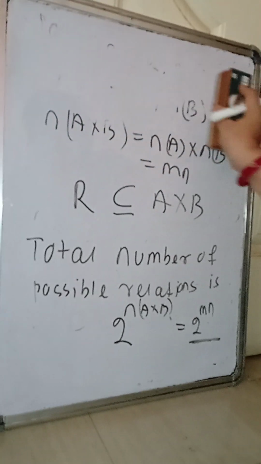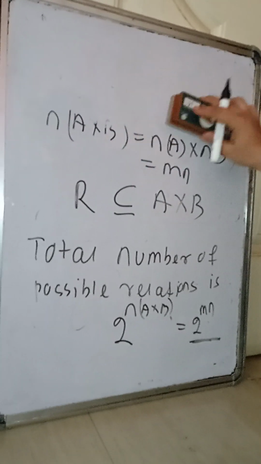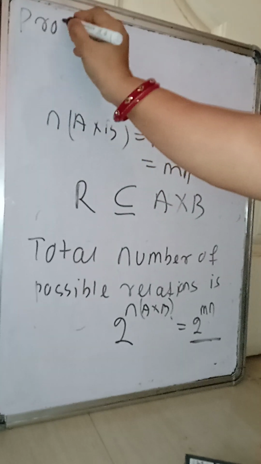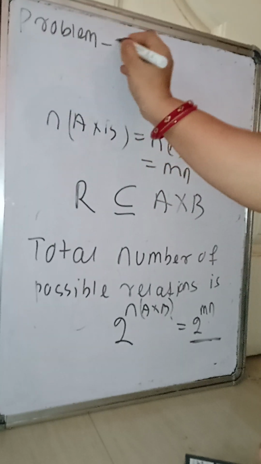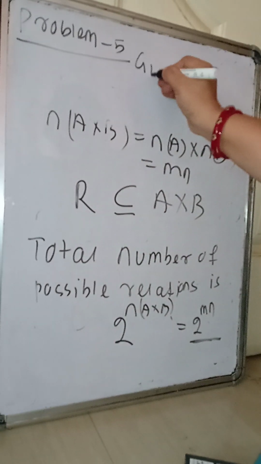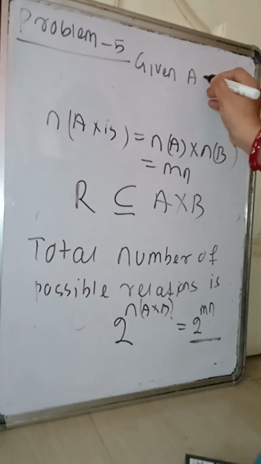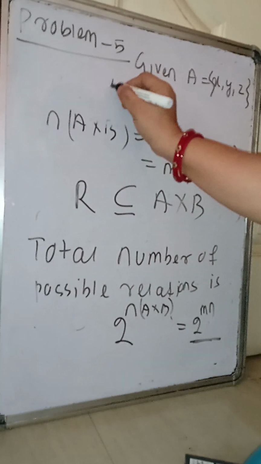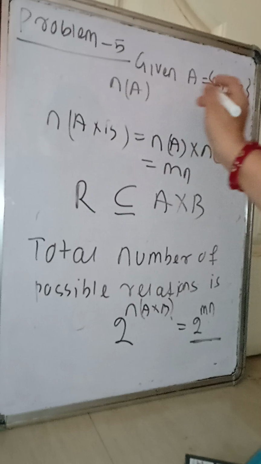Now based on this, let us discuss a problem so that it will be more clear. Problem 5. You are given a set A of elements X, Y, Z. How many elements are there in set A?